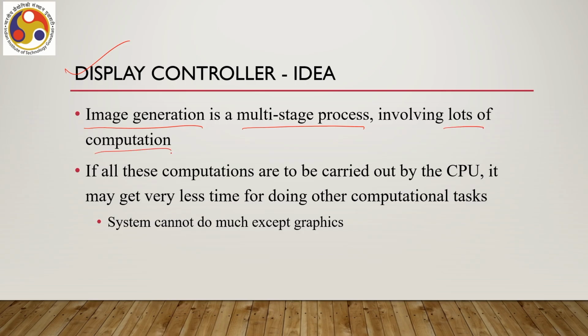If all these computations are carried out by the CPU or the host computer, the CPU may get very little time for other computational tasks not related to rendering. Its time will be consumed by rendering related computations. So, the system cannot do much except rendering, which of course defeats the very purpose of having a computer.